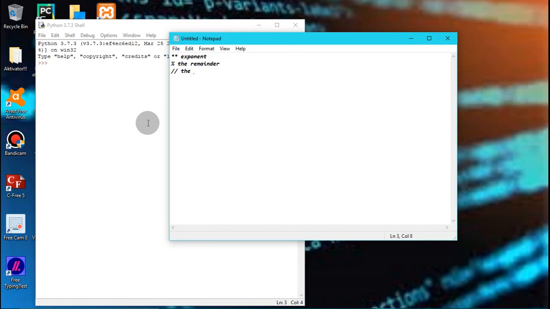And we have the division, the multiplication, the addition, and lastly the subtraction.